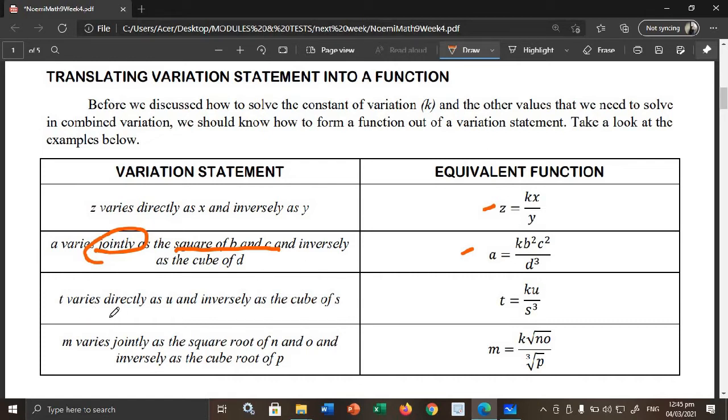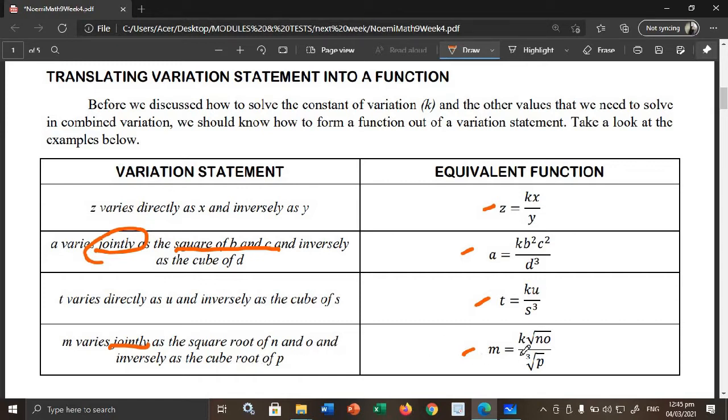The next one: t varies directly as u and inversely as the cube of s. If we write that into a function, t is equal to ku over s cubed. u is directly proportional to t, so it is beside k, the constant, and s cubed is inversely proportional to t. The last one: m varies jointly as the square root of n and o, and inversely as the cube root of p.